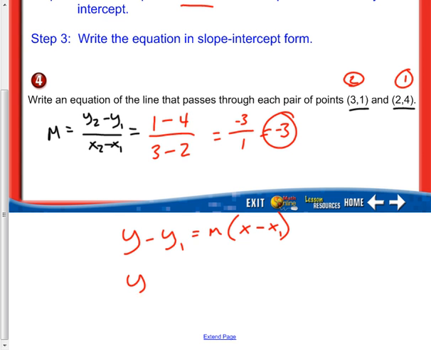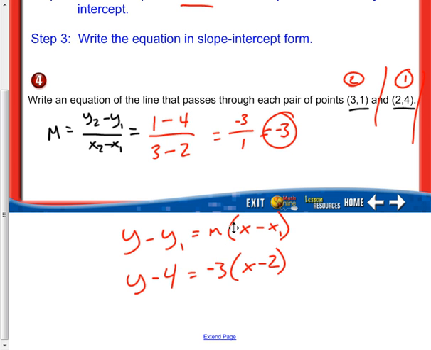We're going to use point 1, just because then it matches our ones. y minus 4 equals -3 times the quantity x minus 2. Just make sure you don't mix them up. If you use this 4, don't use this x value. Don't mix up the y and x value. Use the same point. If you're using point 1, go ahead. If you're using point 2, go ahead, but don't mix them up.